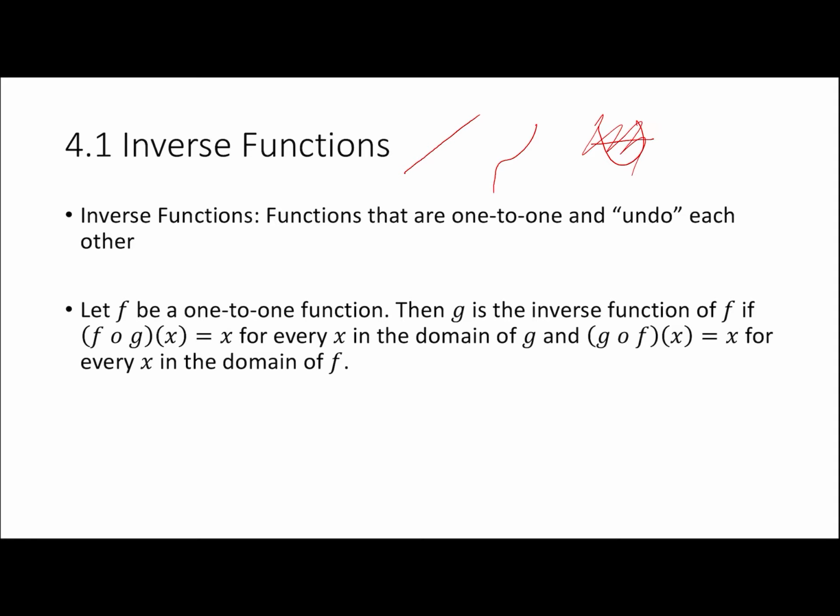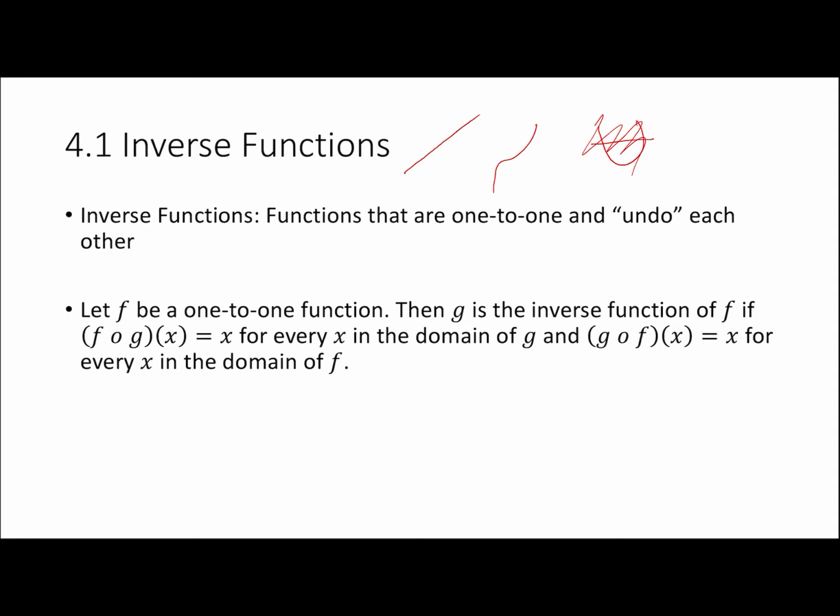And so as we talk about these one-to-one functions, inverse functions are functions that are one-to-one and they undo each other. Now when we say undo each other, what we mean is that if we were to solve for x in one of those functions, then we could turn around and put that into the other function and also solve for x.